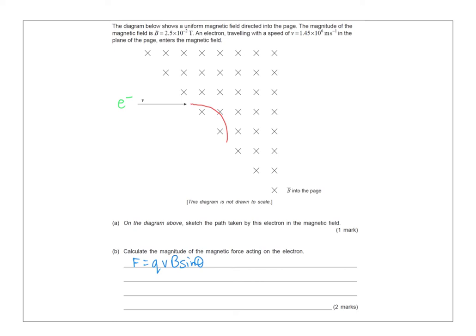So in a sense, that becomes force equals the charge on an electron, we can get that from the formula sheet, times the velocity, 1.45 times 10 to the 6, times 2.5 times 10 to the minus 2, times sine of 90 degrees, which is equal to 1.